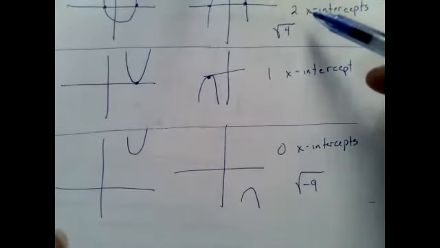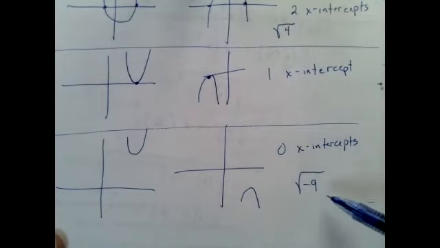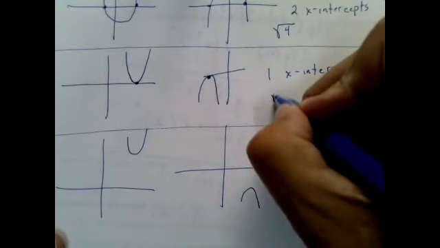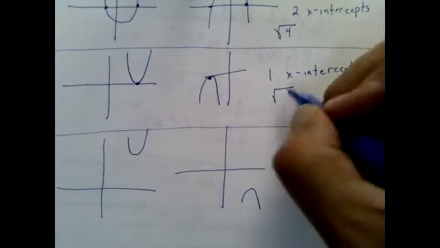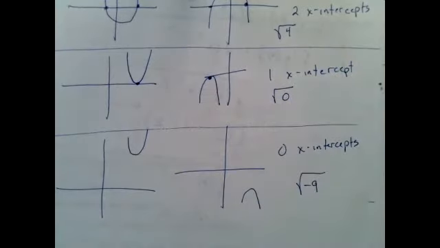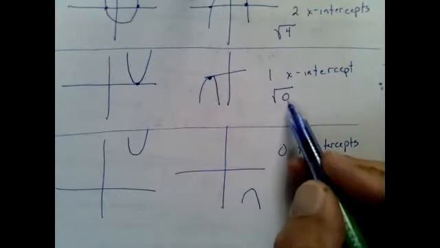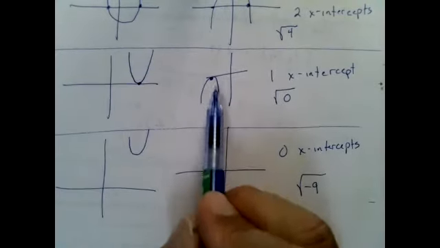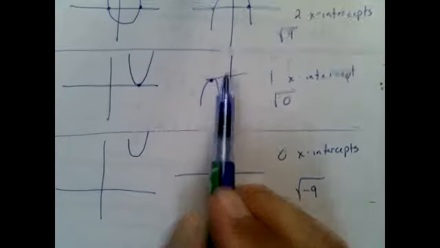Well, if it's not positive and it's not negative, what's the only number that's left? 0. So if what's inside of that is a 0, then I know I'm going to have only one intercept. And this guy, we say, touches the x-axis.